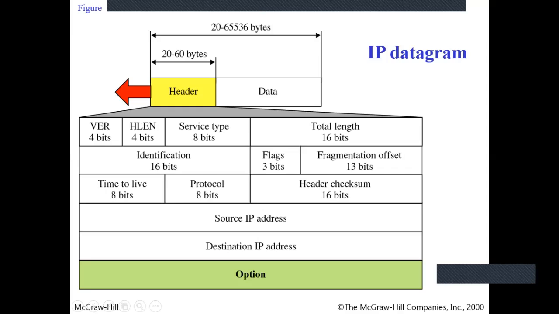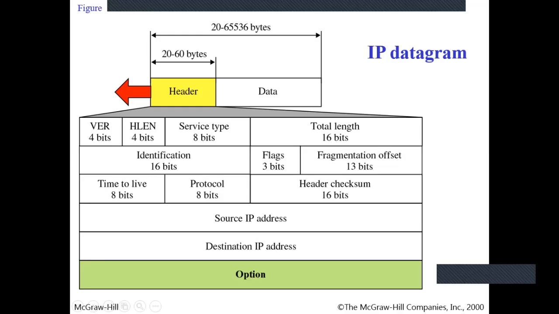So, note that the size of the header is varying. The minimum size is 20 and the maximum size is 60. The header size or the header length depends upon the option field. As I mentioned in my notes, this is the header length. The header length, which is 20 to 60 bytes, depends upon the option field.